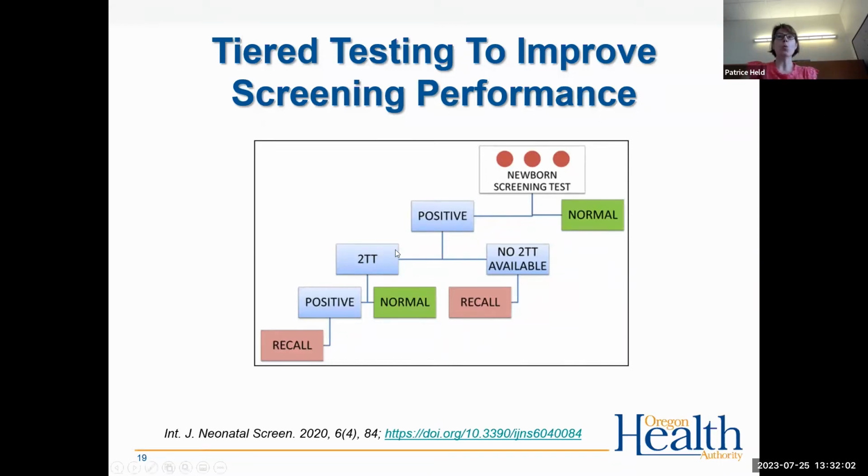So newborn screening laboratories have implemented a second tier test where they are either sequencing the CFTR gene or looking at common variants within the gene that are known to be disease causing. From there, we're able to really hone in on the population that is likely to be affected with cystic fibrosis. Again, all of these layers of testing are aimed at improving our screening performance.